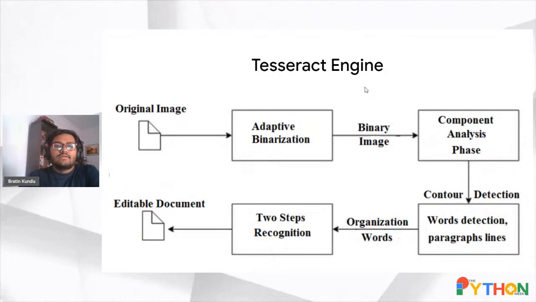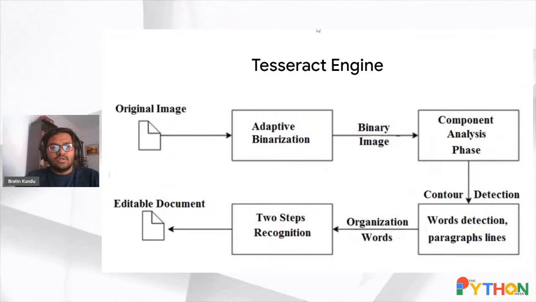And how the Tesseract engine works is it converts the original image using adaptive binarization into a binary image. Now, when you have a binary image, you have different words and different sentences.